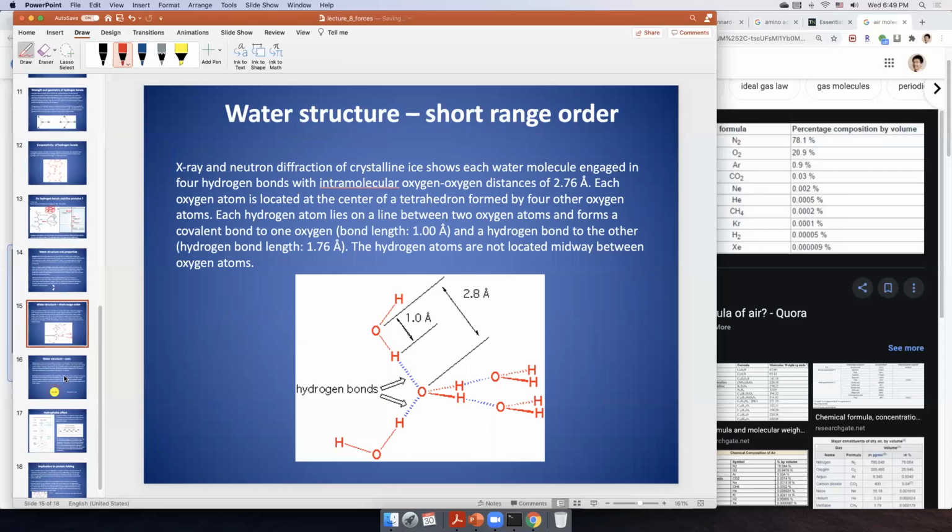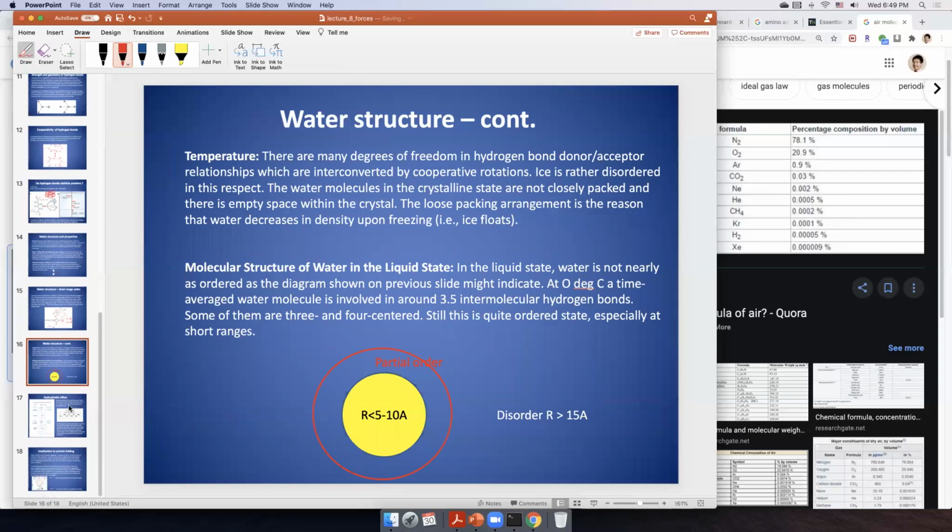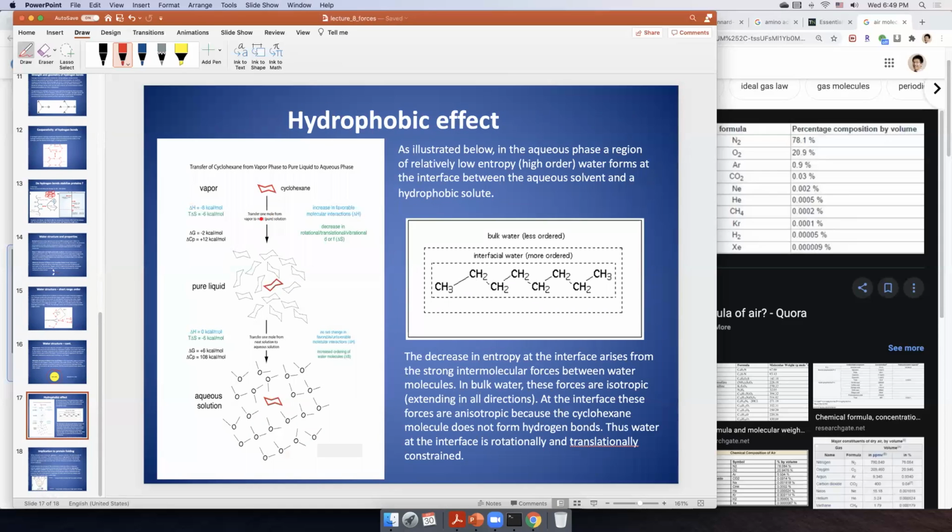So this is water. We have discussed it. Hydrophobic effect. So let's see, in a water molecule, let's say this is oxygen, and this is hydrogen, hydrogen, here and here.